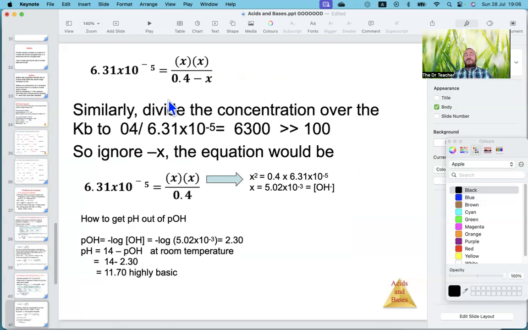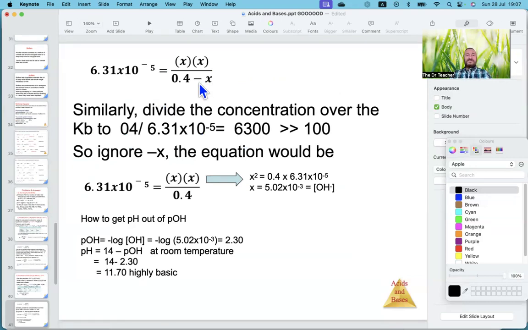So now let's check the initial concentration divided by the Kb and see, is it bigger than 100? We put 0.4 divided by 6.3 times 10 to the minus 5, which gives 6,300, which is much bigger than 100. So we ignore minus x.